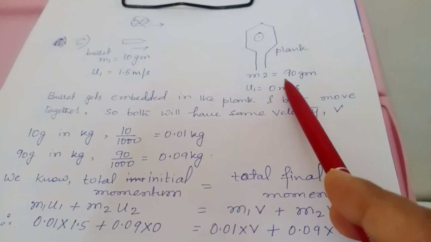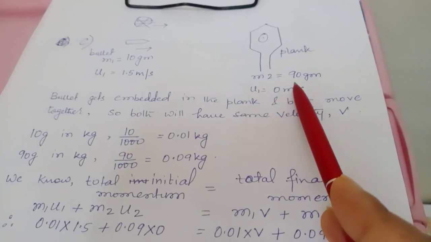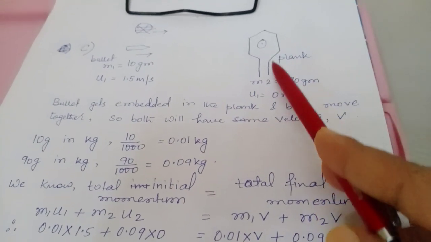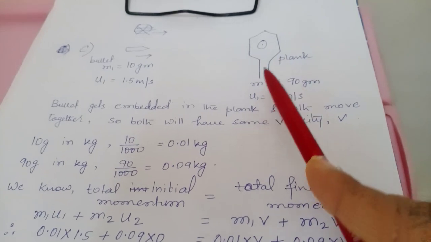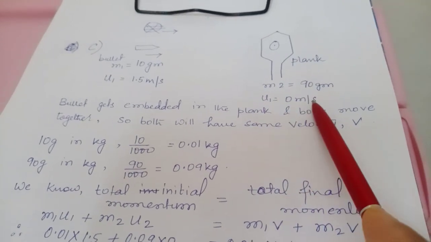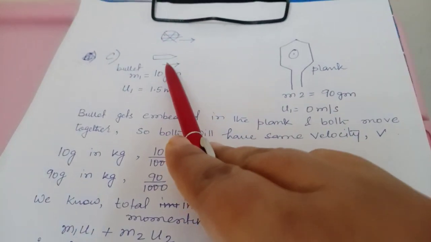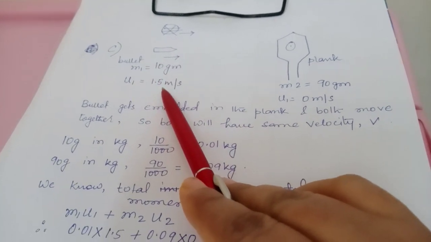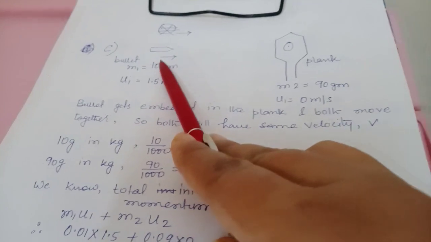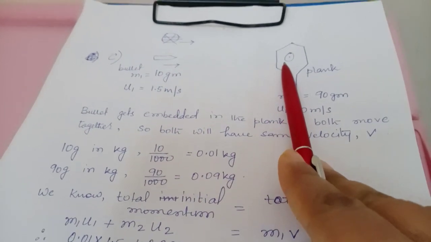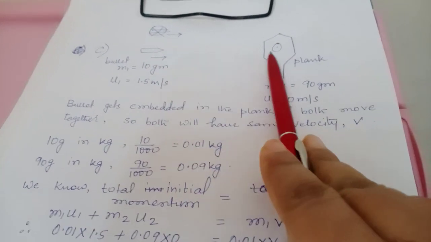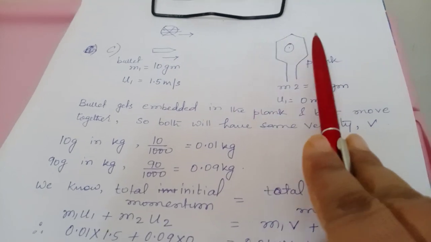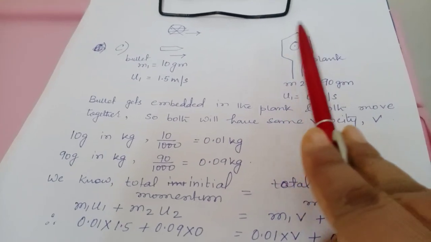So the wooden plank has a mass of 90, and this plank is stationary, so its initial velocity will be 0. The bullet is moving with speed 1.5 meter per second, that is the initial speed, and hits this plank, and the bullet gets embedded in the plank, and the plank and bullet both move.